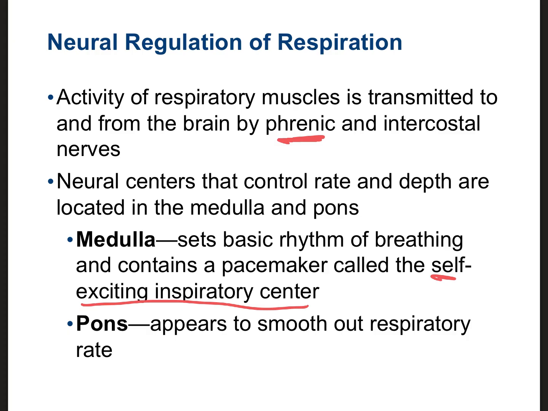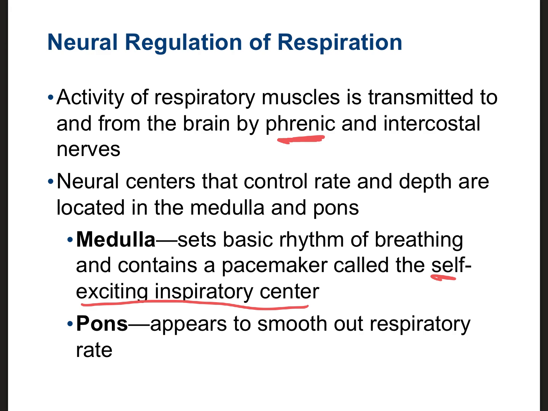Self-exciting means it doesn't need any excitation or stimulus from the outside. So when you hold your breath for a period of time, at some point, what do you get? If I told you, hold your breath as long as you can, tell me how it feels.